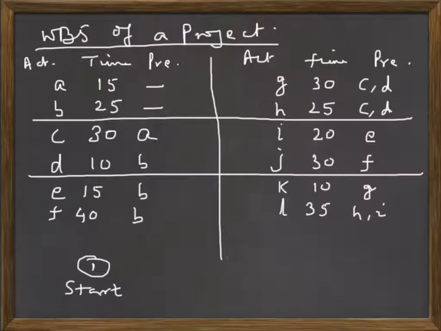You cannot start activity C or activity D from node 1, because for them it is necessary that some other activity be over. So here, since only A and B can be started from node 1, we draw 2 arrows, one arrow indicating A and another arrow indicating B.